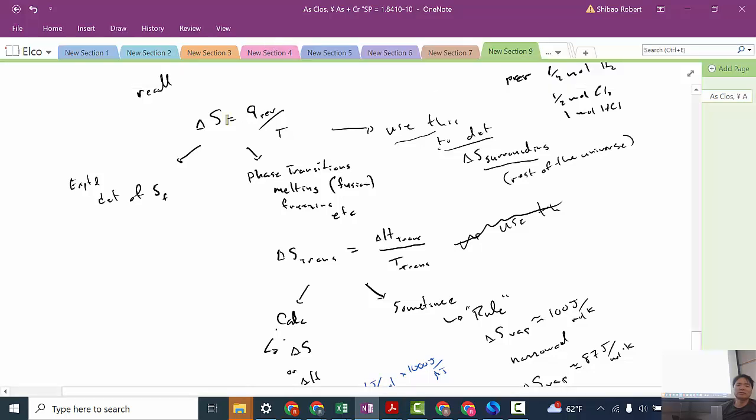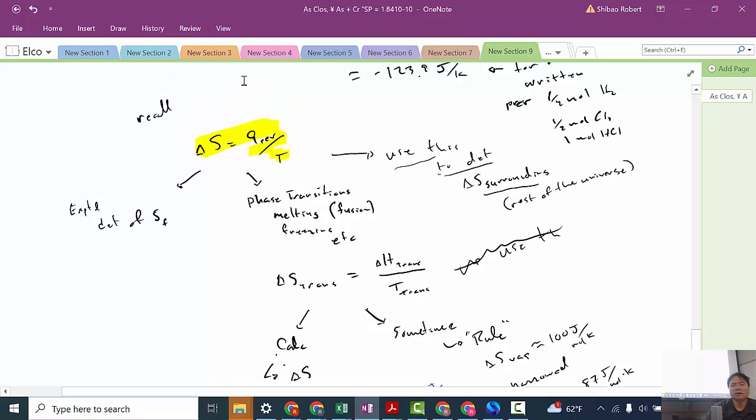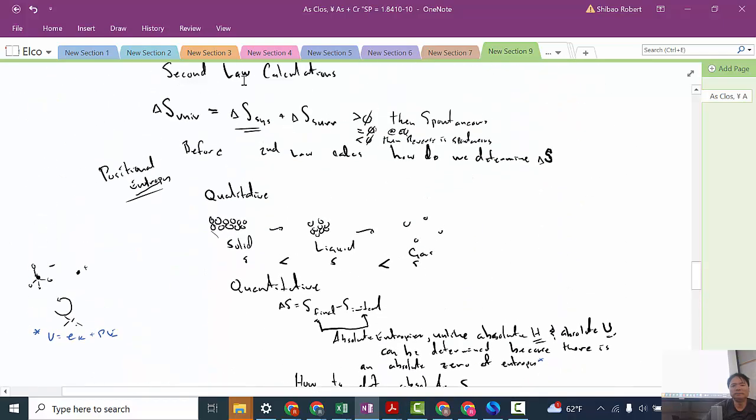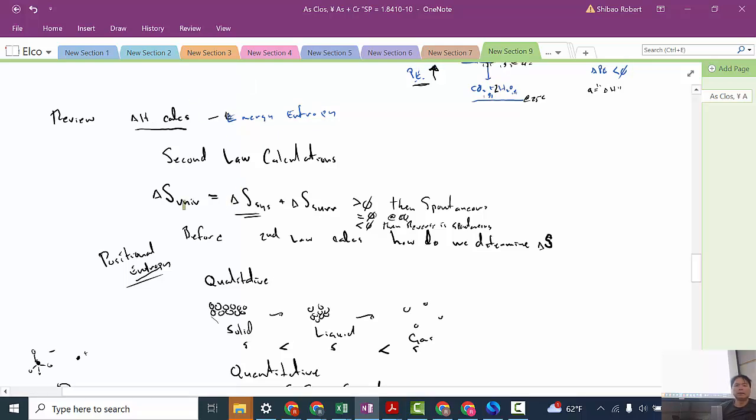One of the most powerful uses is to figure this out, because I know the second law of thermodynamics. The second law of thermodynamics states that delta S of the universe has to be greater than 0 for a spontaneous process. That spontaneous process has a driving force.